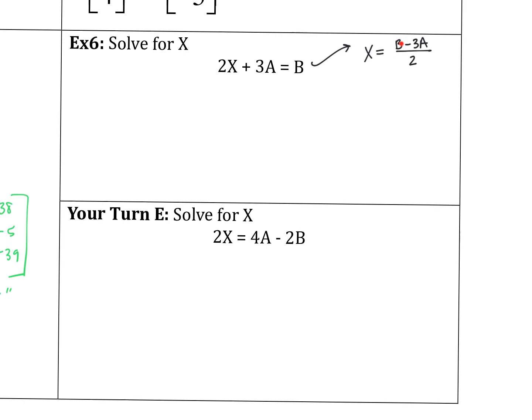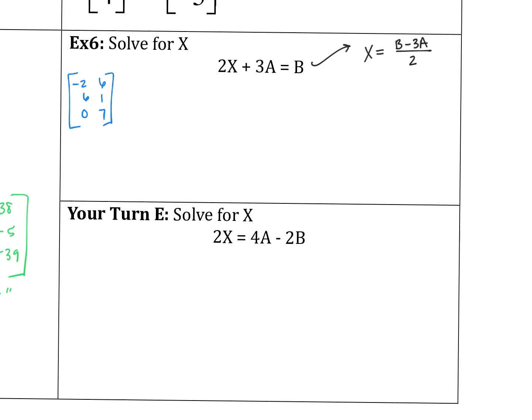So this is the pathway we're going to follow. We're going to take matrix B and subtract away 3 times matrix A, and then divide the resulting matrix by 2. So let's go ahead and do that. Matrix B, I'm going to write it over here for us, is negative 2, 6, 0, and 6, 1, 7.